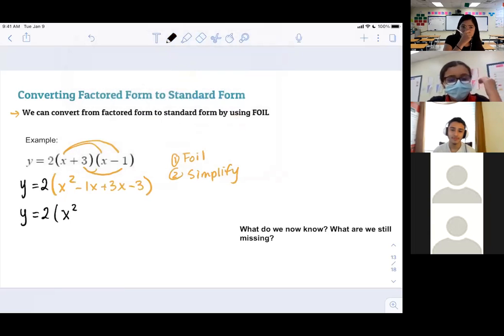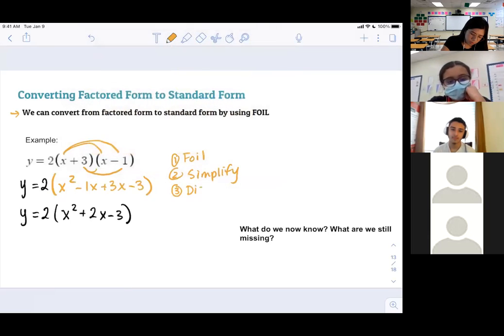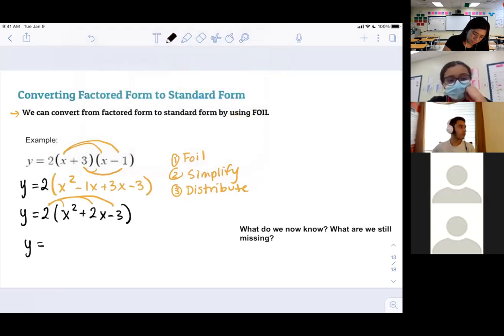Good, and what does that give me? 2x. Okay, now we can distribute. What do I get? Y is equal to 2x squared plus 4x minus 6.